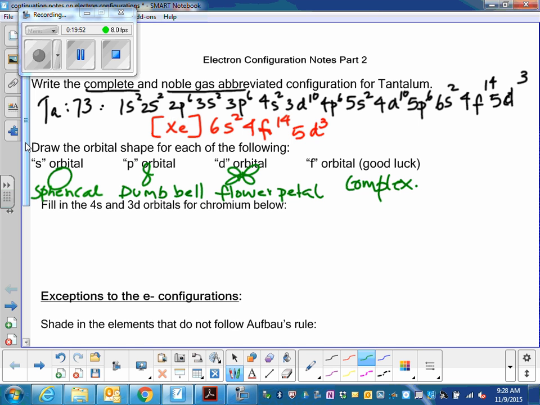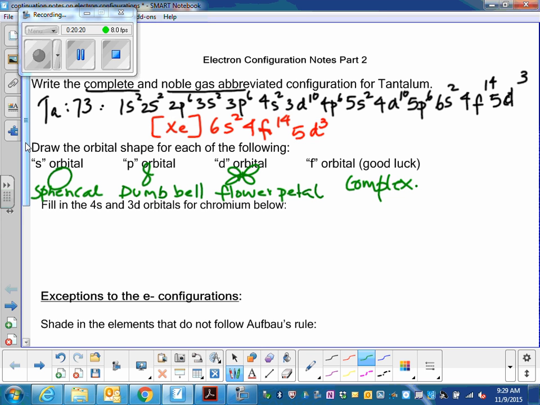Now, let us come to chromium. So where is chromium located? You know how we did copper as an exception? Did we say copper was just before the last filled orbital, so it will pull it out from 4s? Let's look at chromium. How many in the d orbital total? 10.